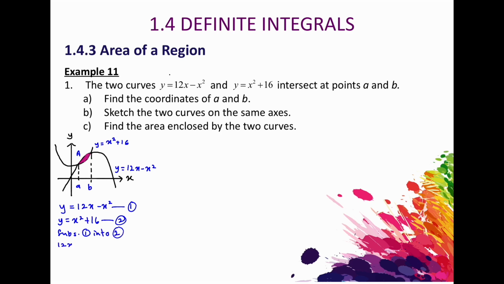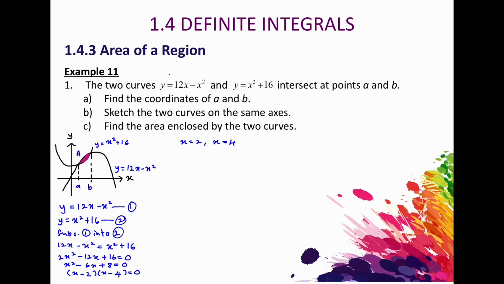We get 12x minus x squared equals x squared plus 16, and then rearrange that. We get 2x squared minus 12x plus 16, and then simplify. We get x squared minus 6x plus 8, and factorize that. We get (x minus 2)(x minus 4), therefore x is equal to 2, x is equal to 4.